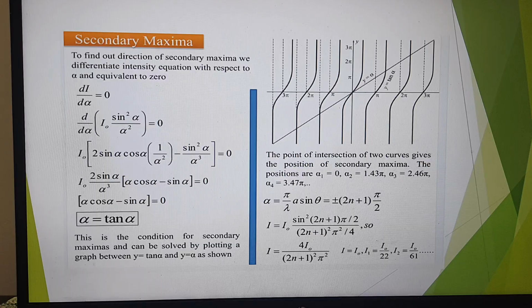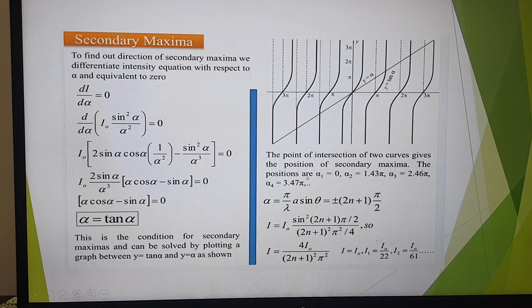for the secondary maxima. Then we plot the graph between y equal to tan alpha and y equal to alpha. The point of intersection of the two curves will be the position of secondary maxima.